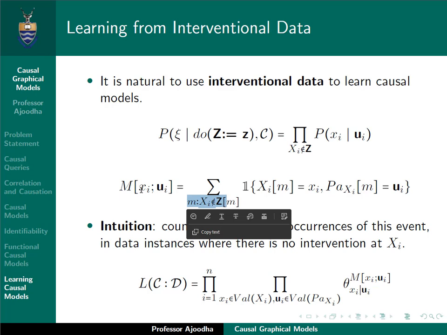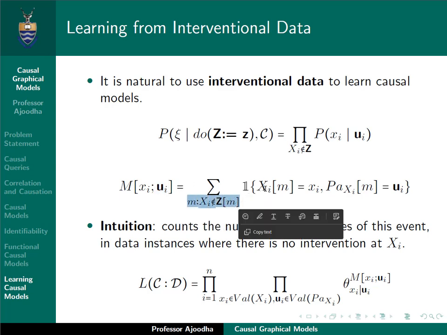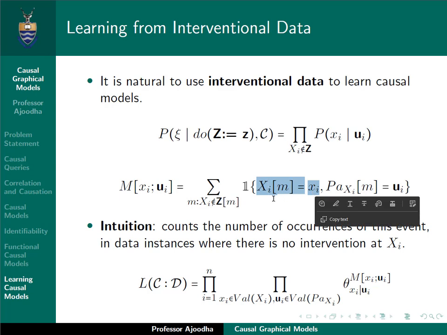In this case, the sufficient statistic starts with this X, and then it has the parent variables U. But we do not count the evidence of observational samples, again, if we're looking at this particular sufficient statistic.